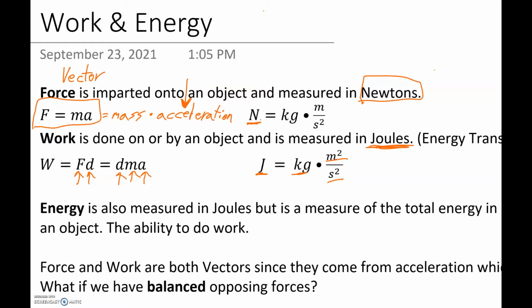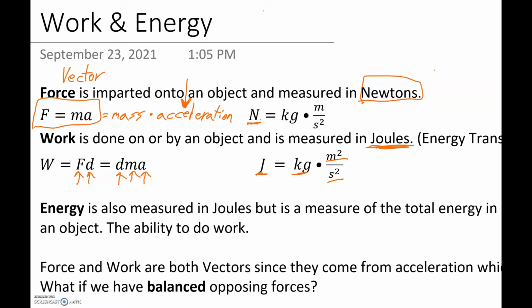What's happening is I'm transferring my chemical energy, from the food that I ate and the ATP in the cells, into mechanical energy, or another word for it, in this case, gravitational potential energy. So that would be an example of energy transfer.